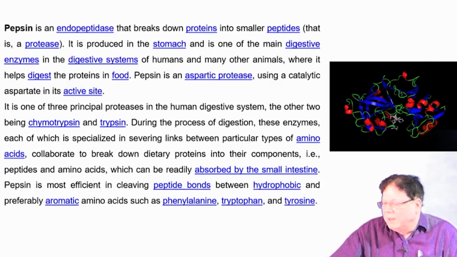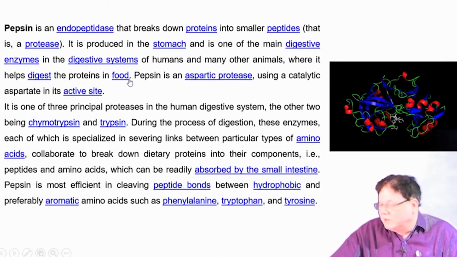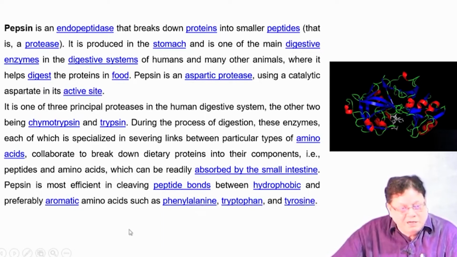And then you have pepsin. Pepsin is the other one. I said pepsin is a little bit broader. It recognizes other peptide bonds, although here it is written only phenylalanine, tryptophan and tyrosine, that means the aromatic amino acids.